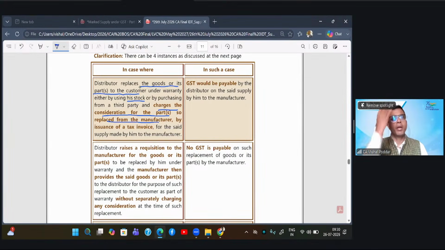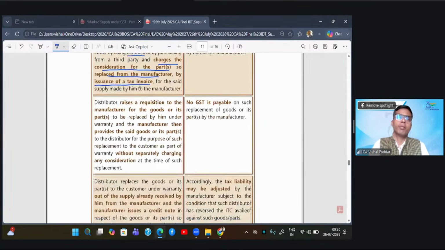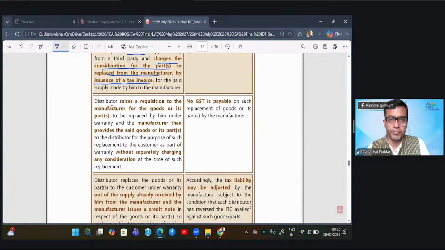But between me and manufacturer, since this warranty was not my warranty, it was manufacturer's warranty, but I have executed it, whatever parts I have used, whatever work I have done for you, I am charging that to the manufacturer. Now this I'll be doing by issuance of invoice. Since I'm charging for the free warranty given to you, I'm charging it to the manufacturer. Between me and manufacturer, there is tax. I will be levying tax on the manufacturer.